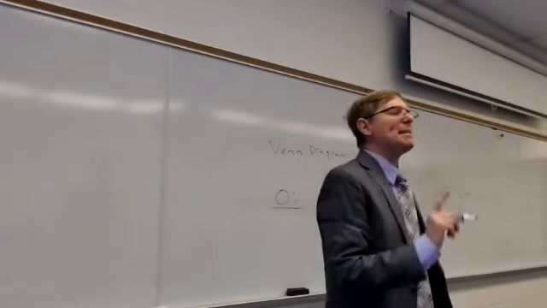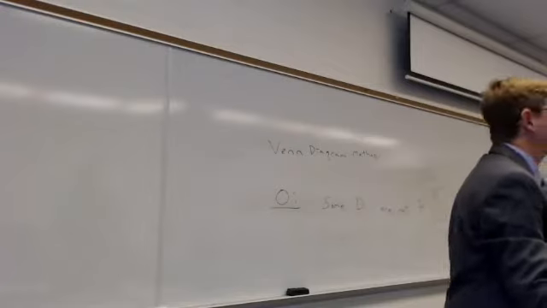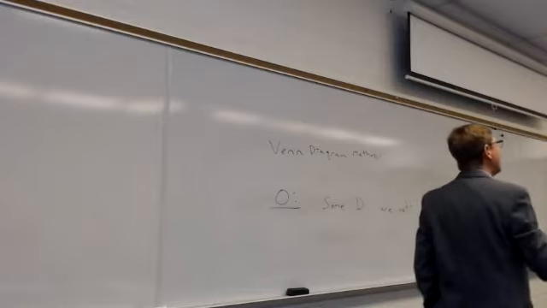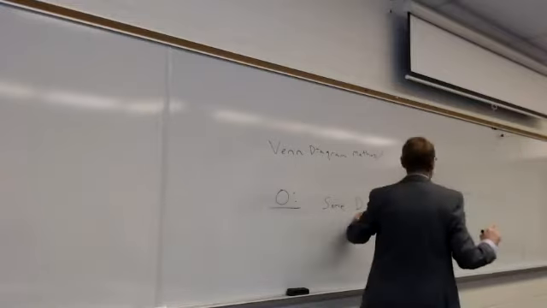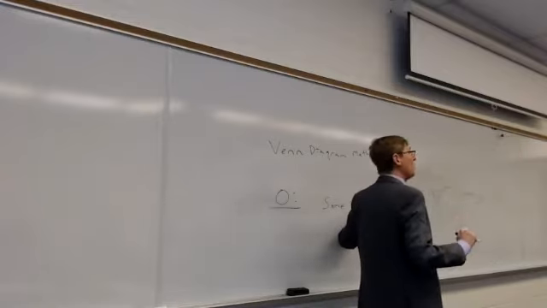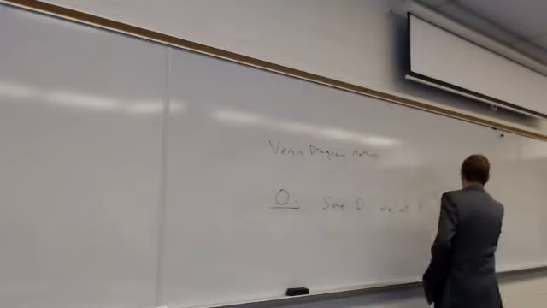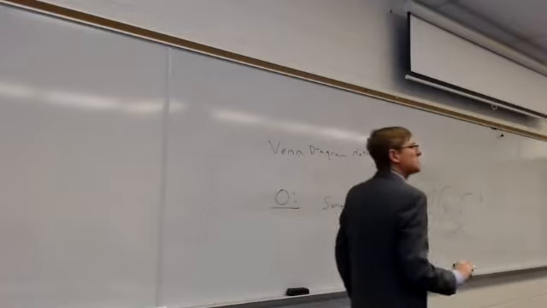Now, keep in mind, I am saying some Democrats are not pro-choice. So I'm going to place my X in the some D that's not a part of what? That's not part of the pro-choice category. So I'm going to place my X in 1.